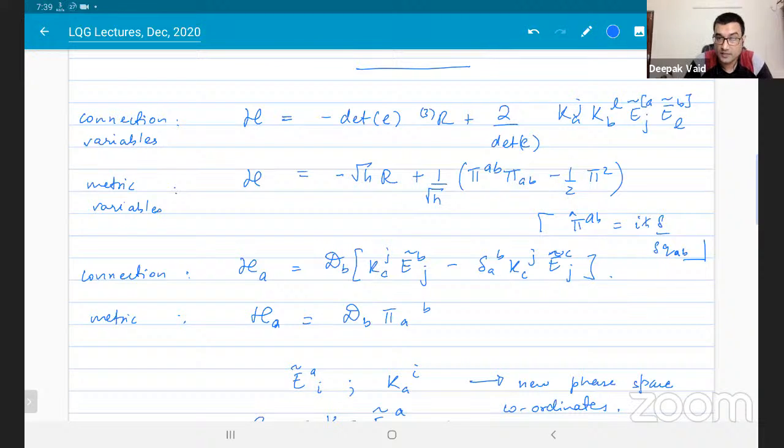Now, in general, for arbitrary spacetimes, this is not something that you can solve.